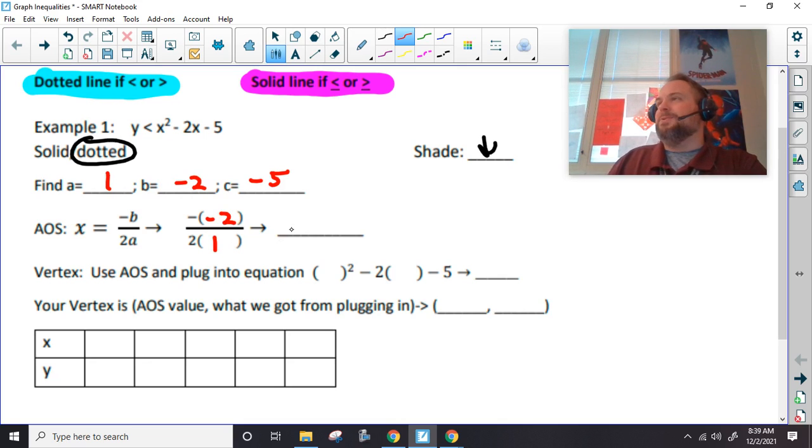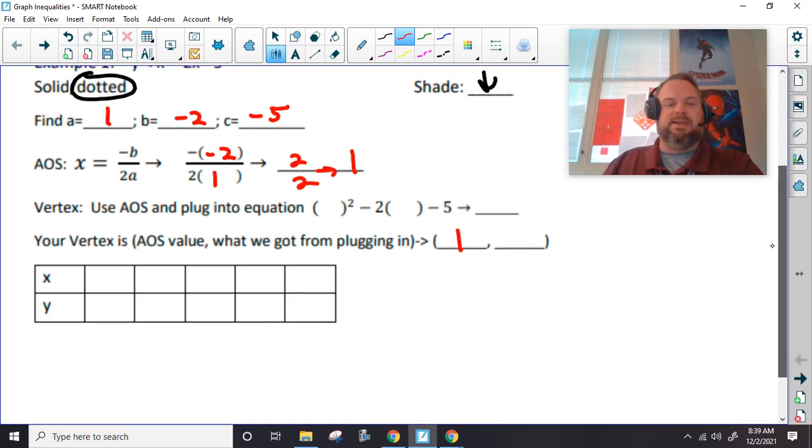I saw a lot of people doing this on their notes yesterday. They would use this answer blank as a fraction bar where they would go 2 over 2, and then 2 over 2 is 1. So we have that now.